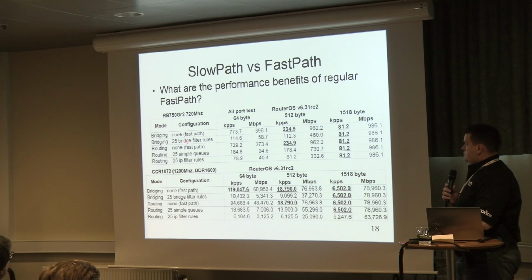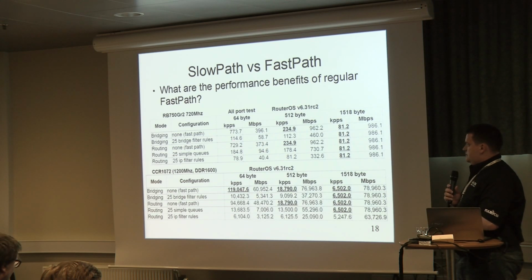As soon as you add 25 bridge firewall rules, you will go out of the FastPass, you will go the normal regular slow path way, and you see that traffic performance drops drastically, 7 times in this case. If we take a look at the Cloud Core Router 72 core, you can actually get wire speed when you're bridging in the FastPass.